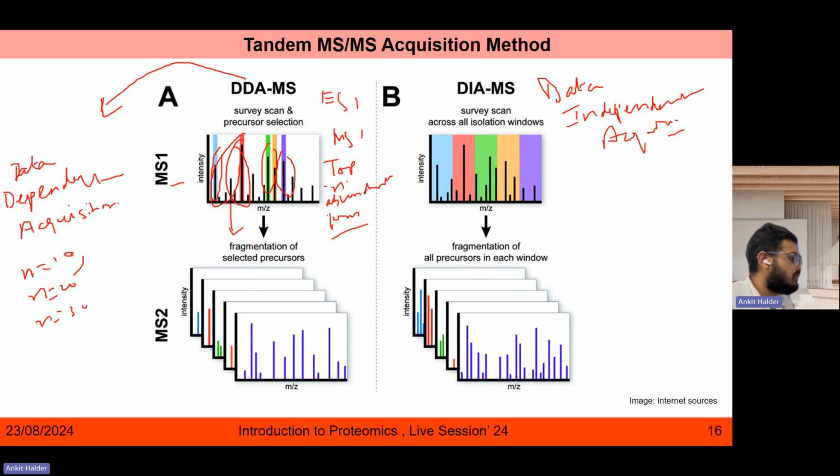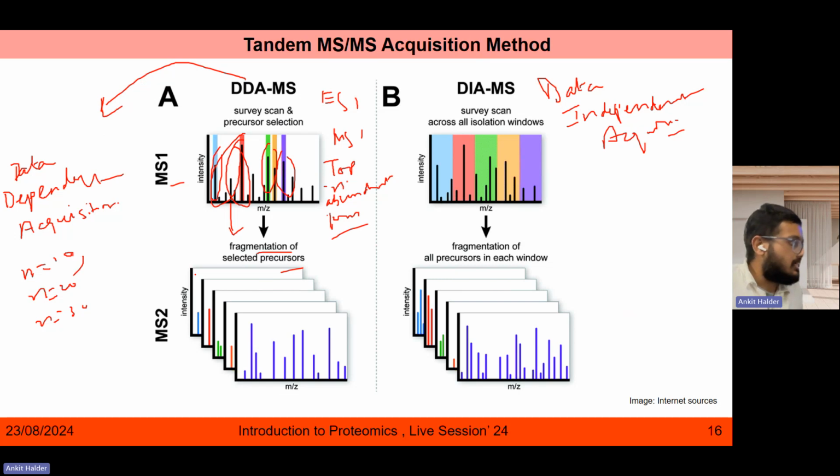So you are going to do the fragmentation of the selected precursors, those particularly higher, abundant intensity precursors only, and you are seeing them at the MS2 level.